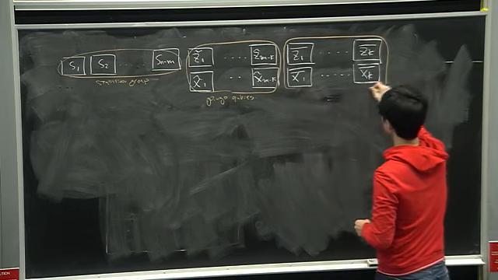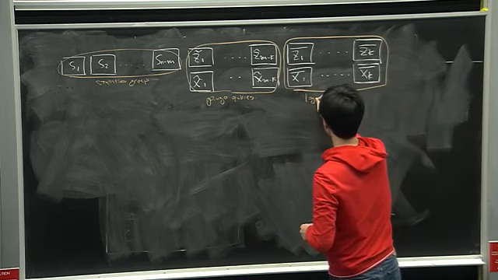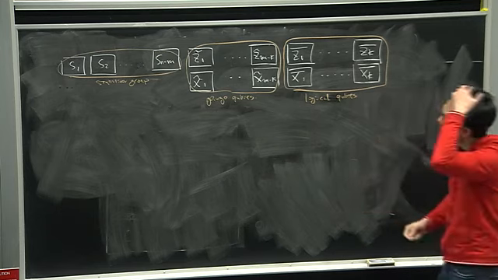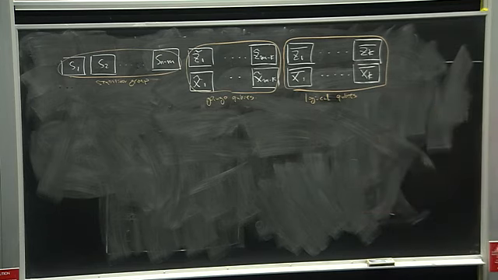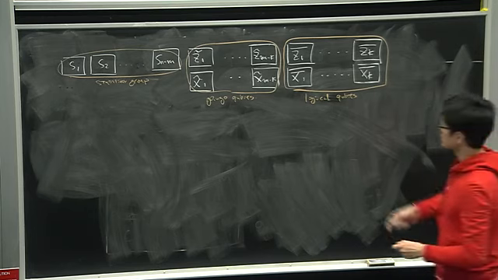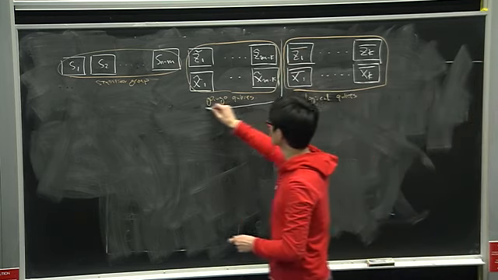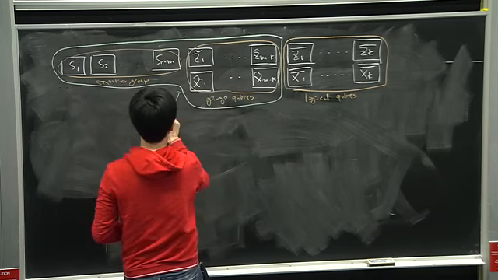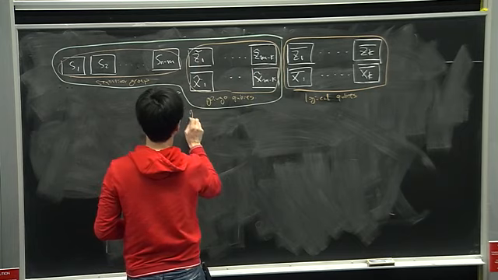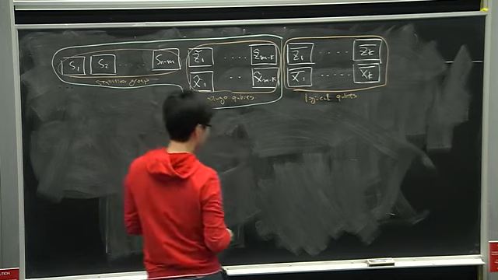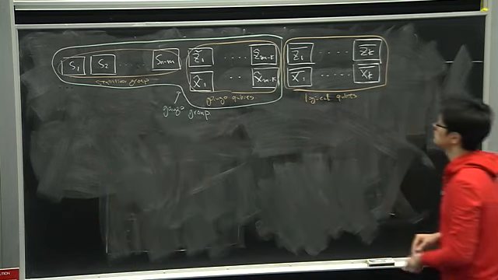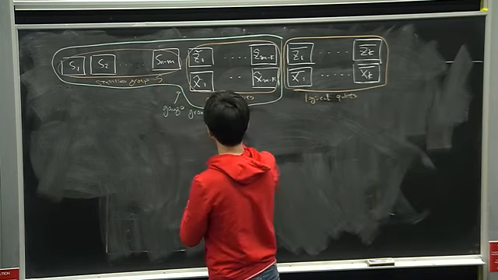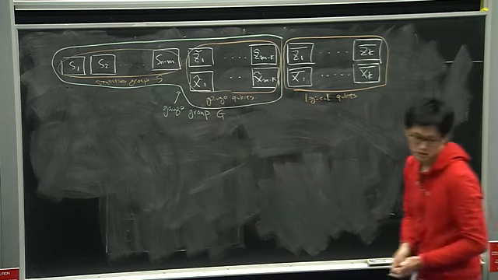And this is the actual logical qubits. Okay. And the gauge operators can be chosen in the way that this is a gauge group. Okay. So this is S, and then this is J. Okay.